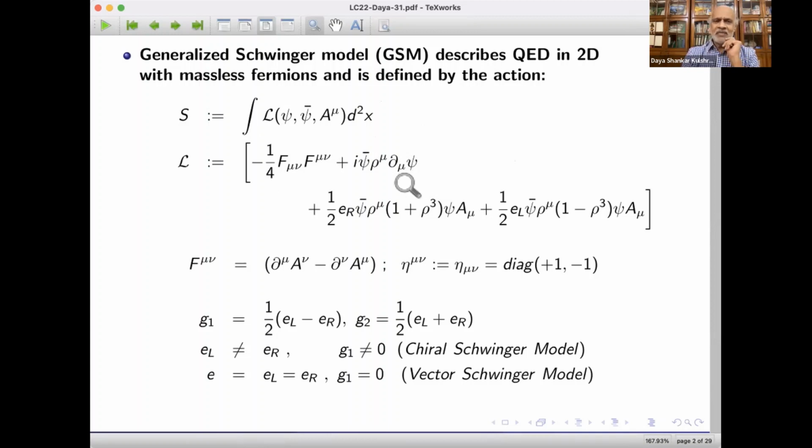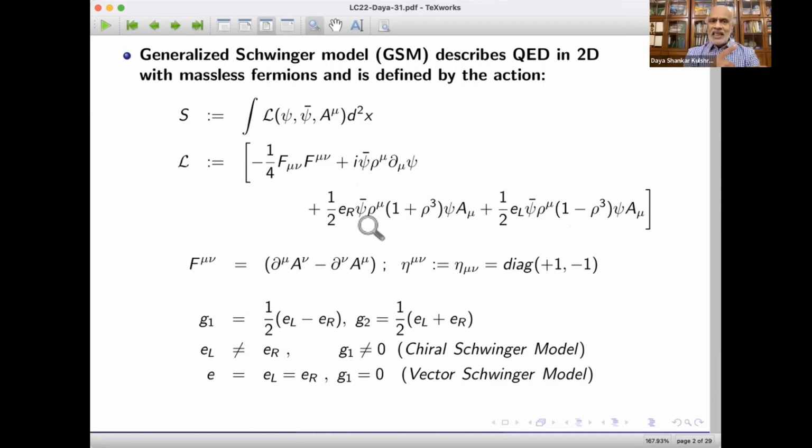Nothing special about it, but I'm going to write it only in 2 dimensions. And these 2 terms obviously represent some interaction terms, as you can see, a product of psi bar, psi and A mu. And here are the coupling coefficients EL and ER.